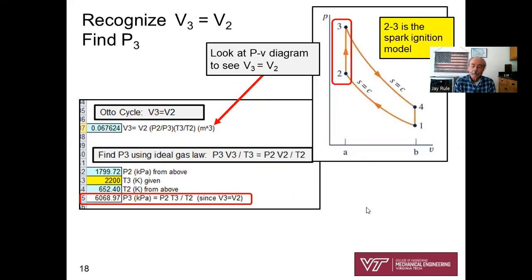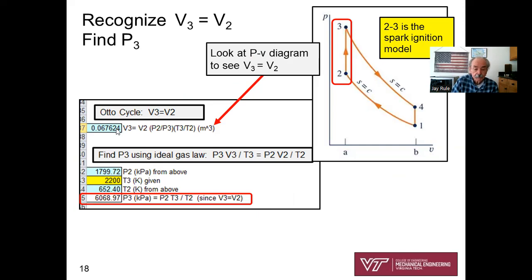All right, so now what we're going to do, looking ahead, we've got to analyze process 2 to 3 for heat transfer. The work, you can see, I'm getting ahead of myself. The work is 0 from 2 to 3, right? But we need to find P3. So observe with your PV diagram, you couldn't do this without drawing a PV diagram.